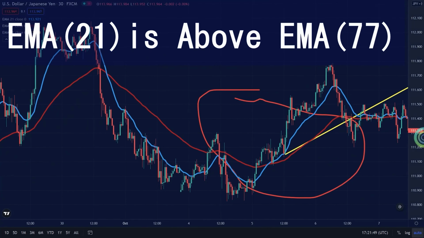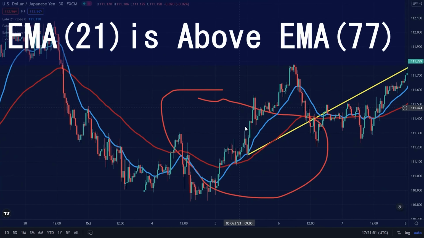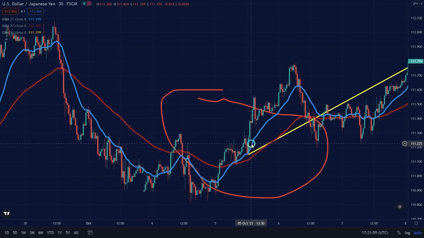And when we take the trade, our smaller exponential moving average, so here the blue line, has to be above our bigger exponential moving average that now is the red line.